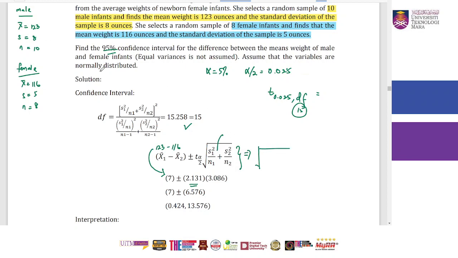So S1 squared is 8 to the power of 2 divided by 10, plus 5 to the power of 2 divided by 8. Okay, so this will give you this value 3.086. And calculate the interval. You get the interval to be 0.4 until 13.5.